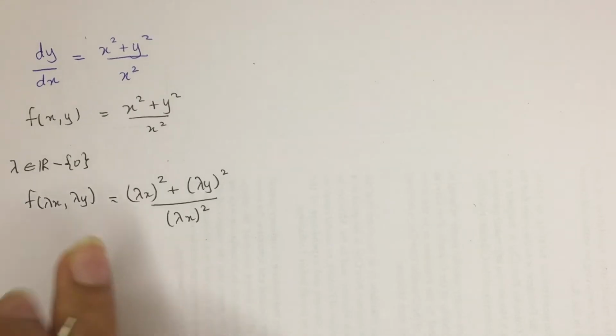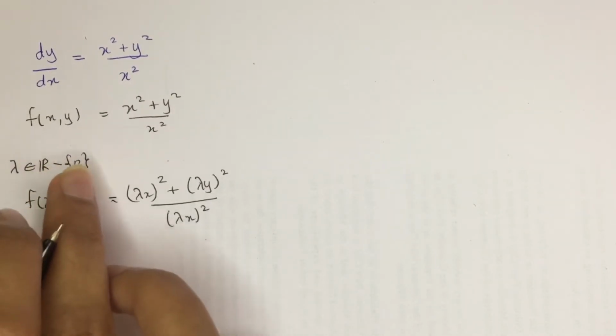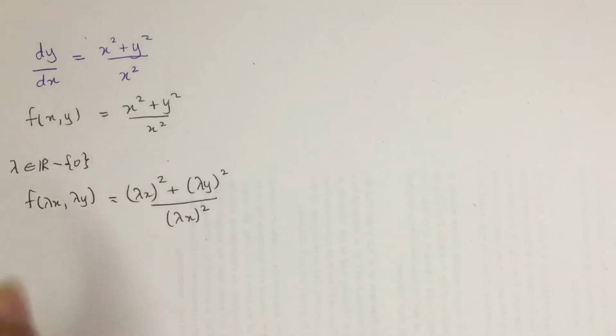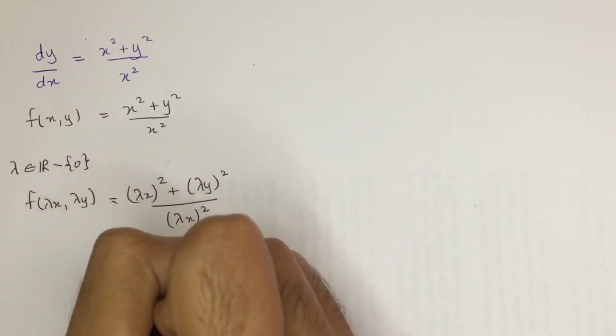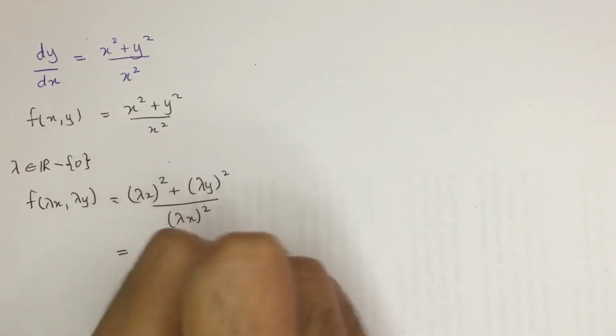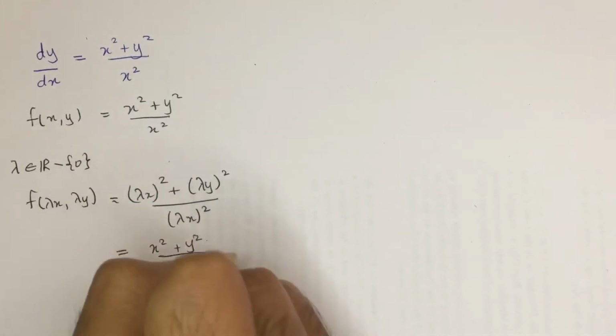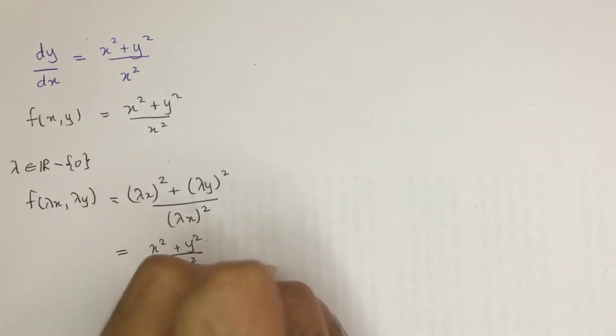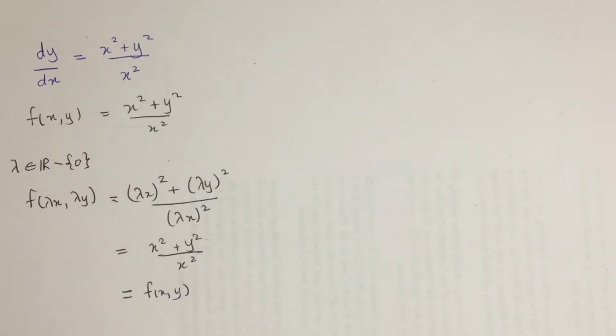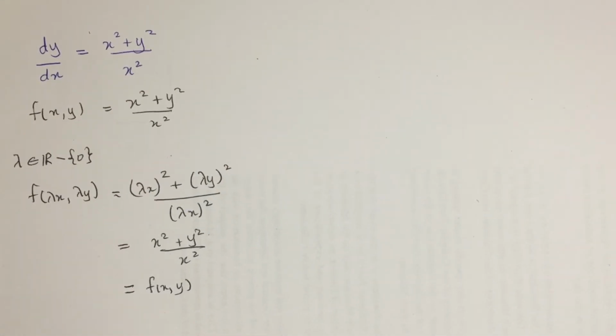We have already decided that lambda is not equal to 0, so if you cancel lambda squared, you get x squared plus y squared over x squared, which is the same as the original function of x and y. So we give it a special name, which is a homogeneous equation. That's the main part. Now we have found that this is a homogeneous equation.